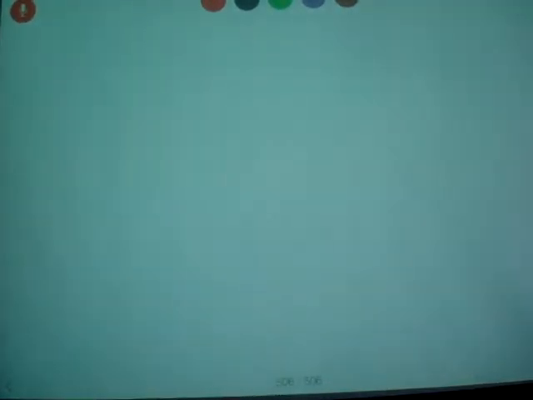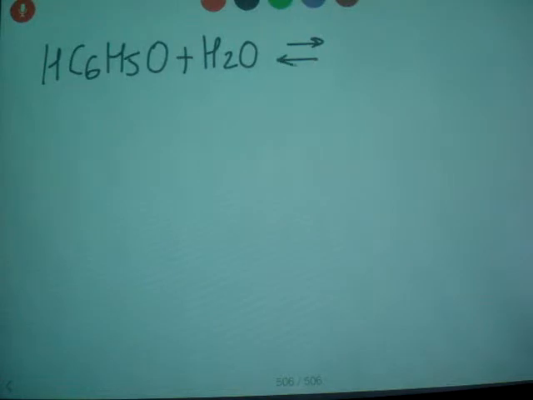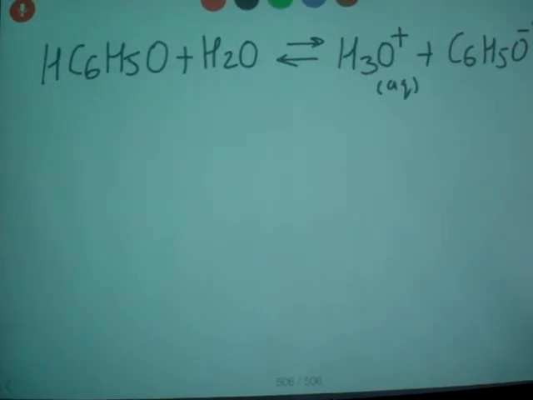So let's see, we have HC6H5O plus H2O, which is in equilibrium with H3O plus and C6H5O minus 1, and here these two products are in aqueous form. H2O is in liquid form and HC6H5O is in aqueous.